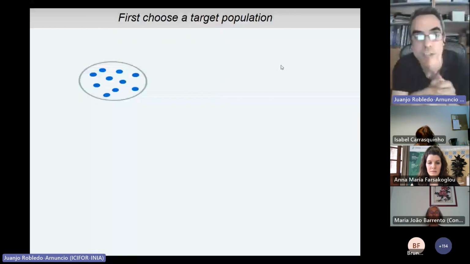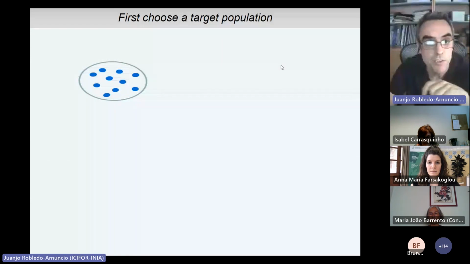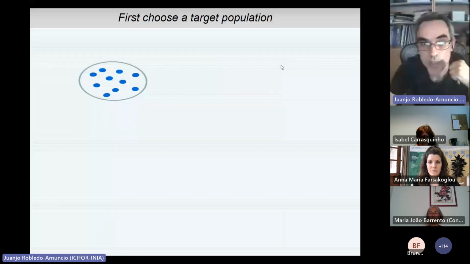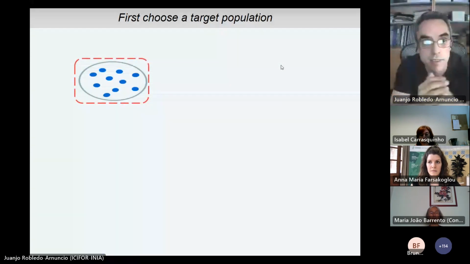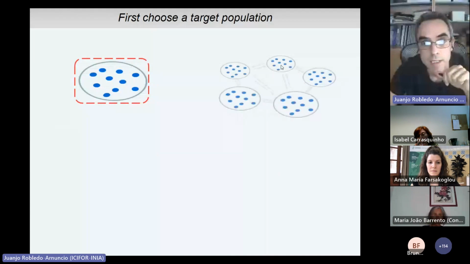And the first question that we face in practice is that we have to choose a target population. If we have an isolated population, for instance, a genetic conservation unit, then it's clear that the target population will be the same as the real biological population. But in many other cases, we will have a set of populations that are potentially connected by pollen or seed dispersal.